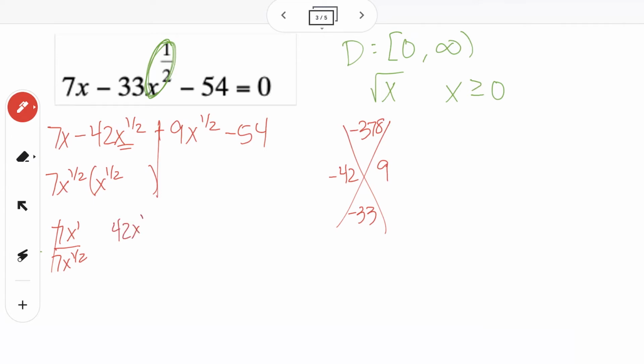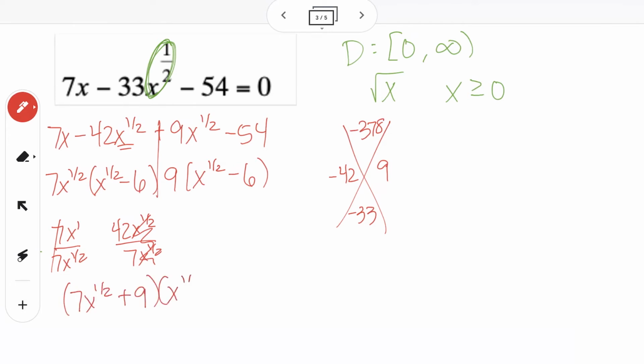And when you divide it out of the second part, we're doing 42x to the 1/2 divided by 7x to the 1/2. Well, the x to the 1/2's cancel. 42 divided by 7 gives you negative 6. From the back part, I can just pull out a 9, and then this will be x to the 1/2 minus 6.